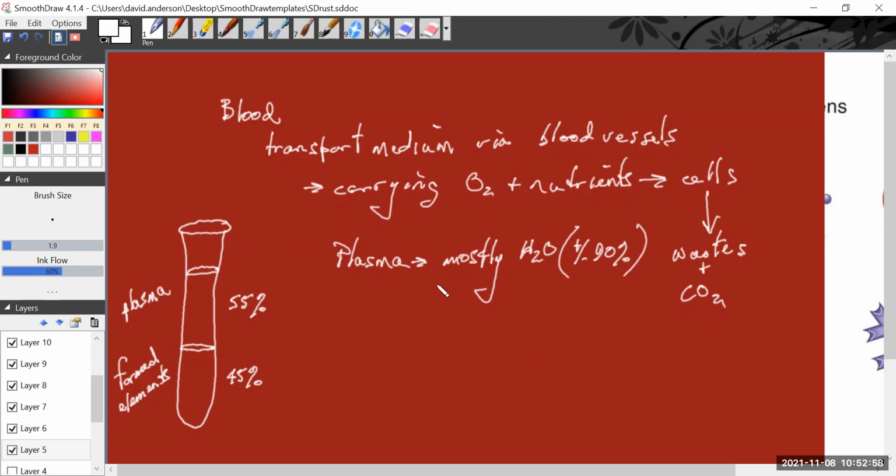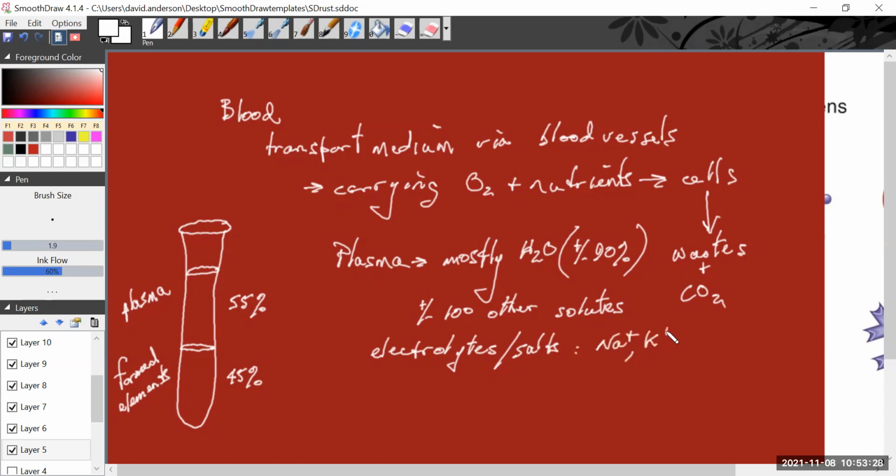And within the plasma, we're going to have water and plus or minus about 100 other solutes, things that float around in that water, mostly dissolved in that water. So electrolytes, which you might think of as salts. That might include some sodium, some potassium, some chloride ions, and others.